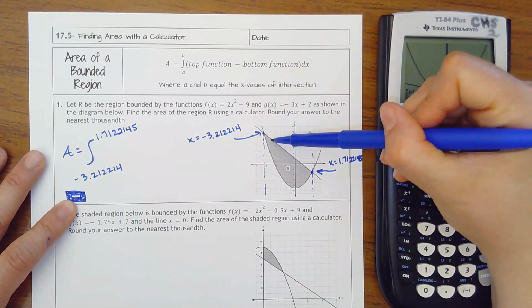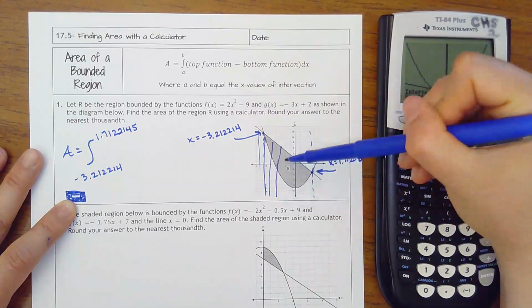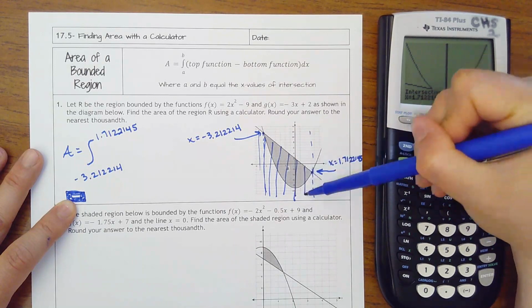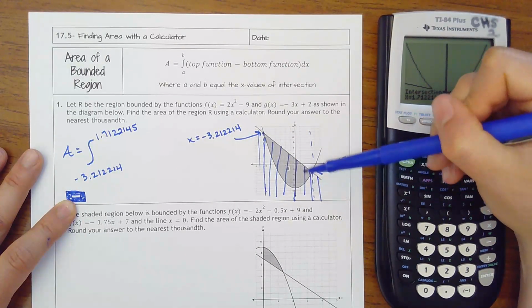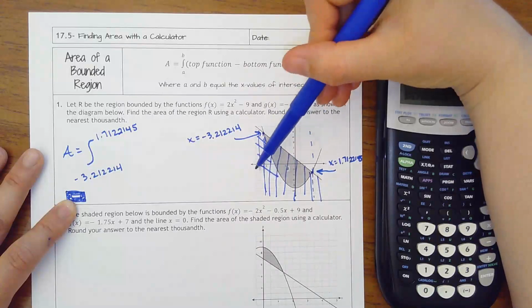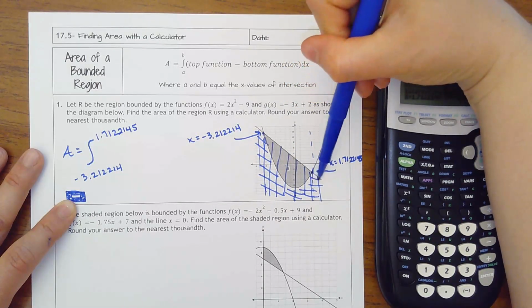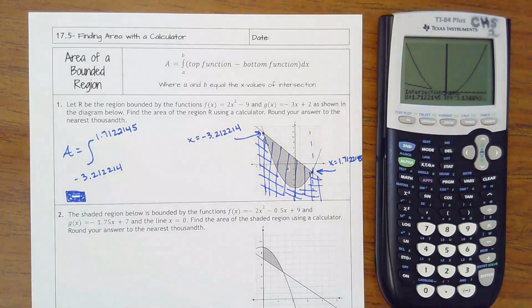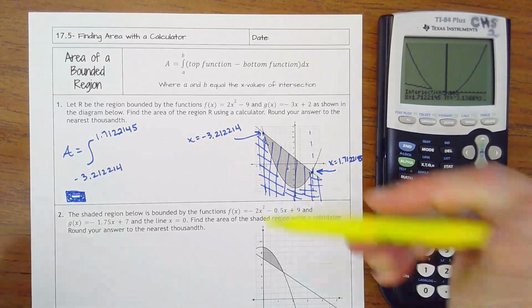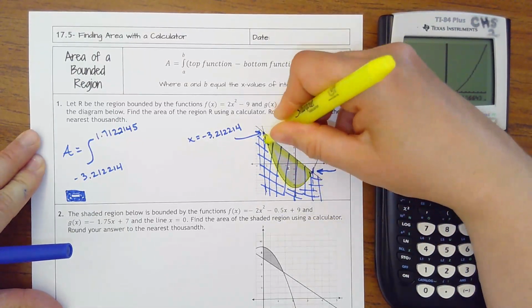So we want to take all the area under this linear function, which would be all of this, and then subtract away the area under the quadratic function, which would be all of this. What that leaves us with is just the shaded boundary. So that is why it becomes a subtraction problem.